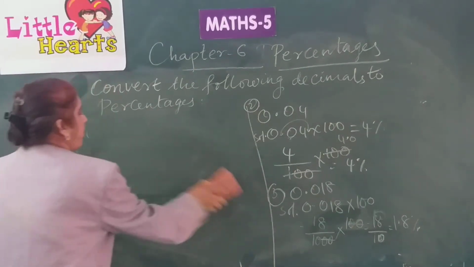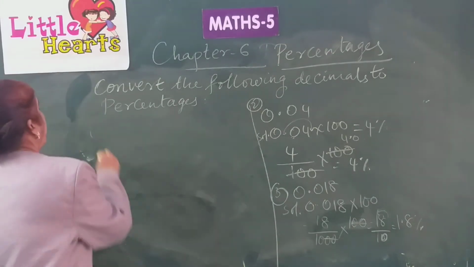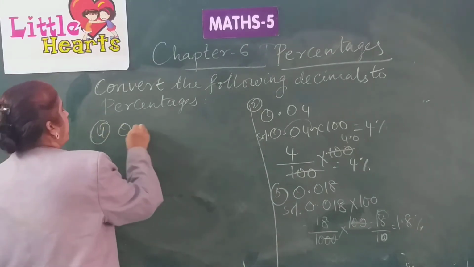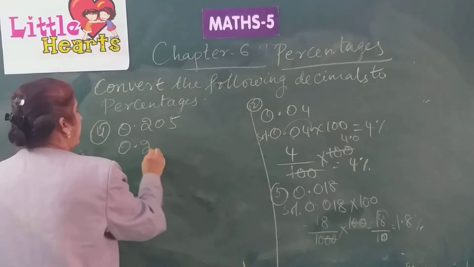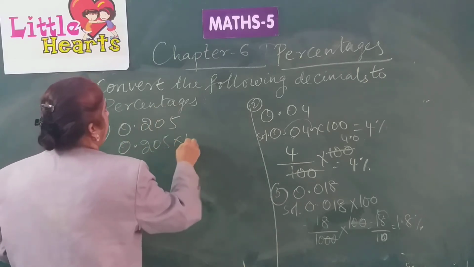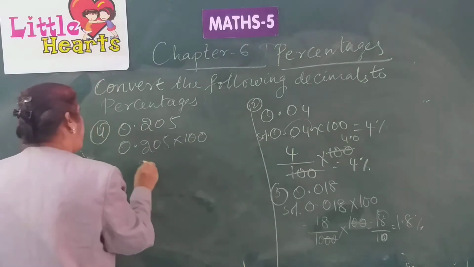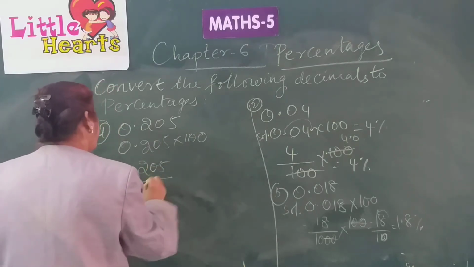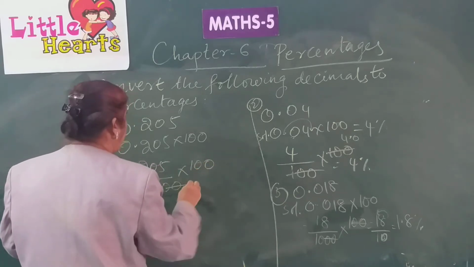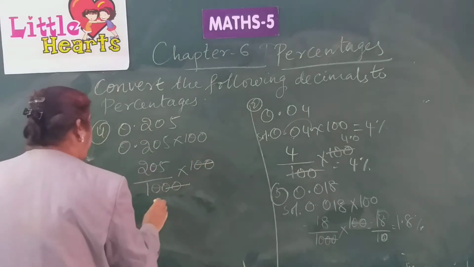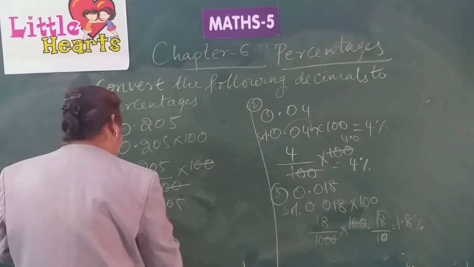Coming to the fourth problem, 0.205. So 0.205 into 100, or 205 by 1000 into 100. Two zeros get cancelled. 205 by 10.